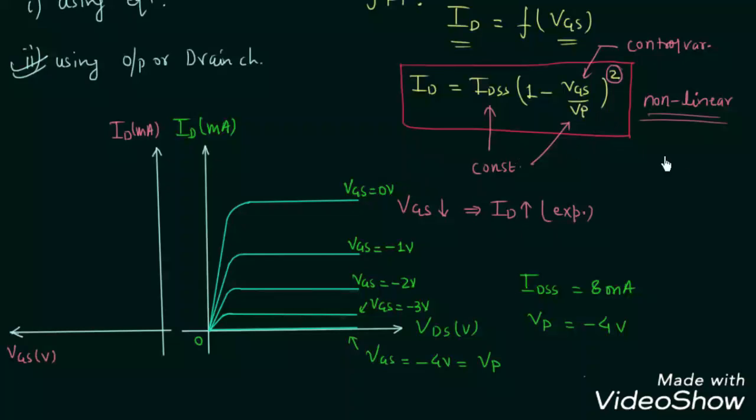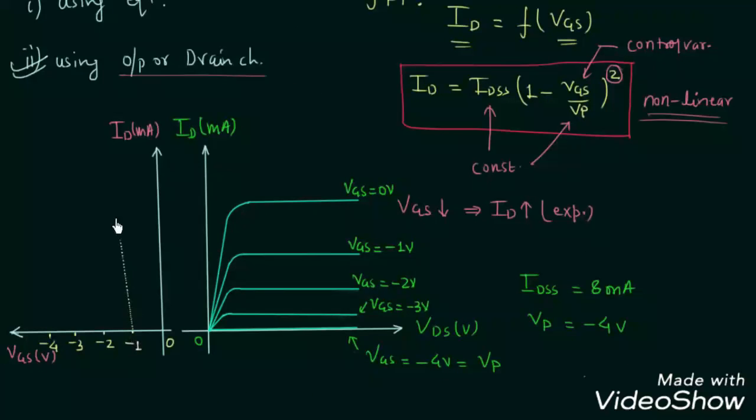From this equation we know the relation is non-linear, but we are using the output or drain characteristics to obtain the curve. So let's see how we can use it. The first thing we have to do is to mark the x-axis. This is origin 0, -1, -2, -3 and then -4.